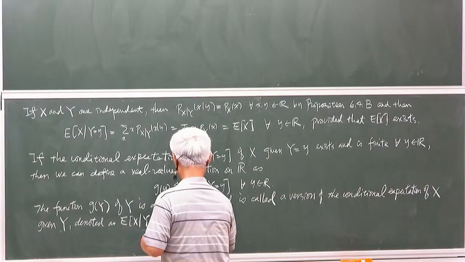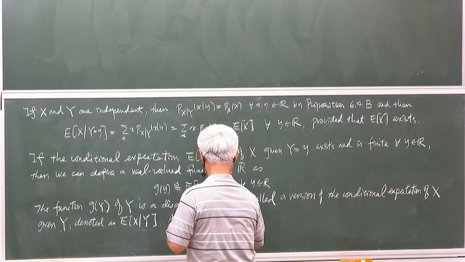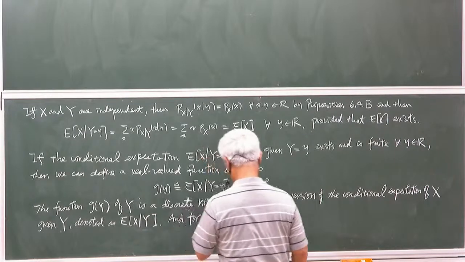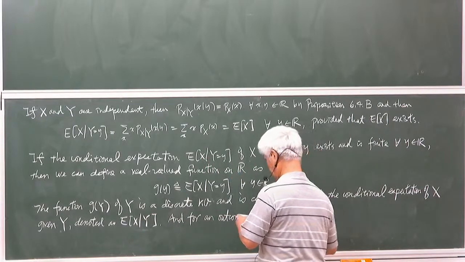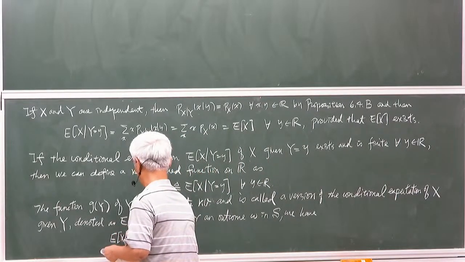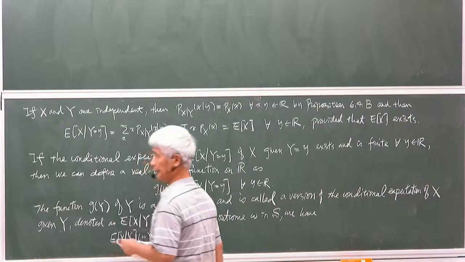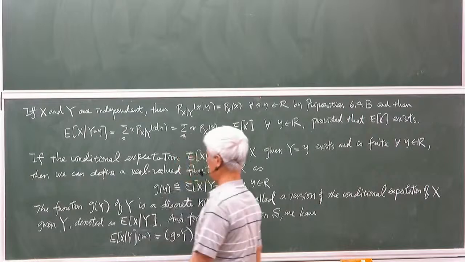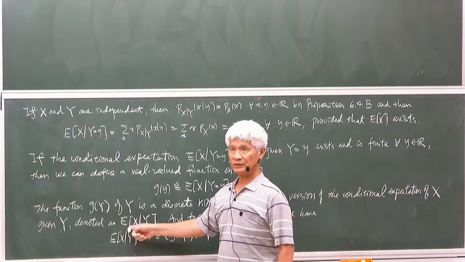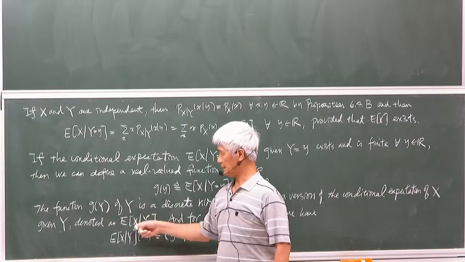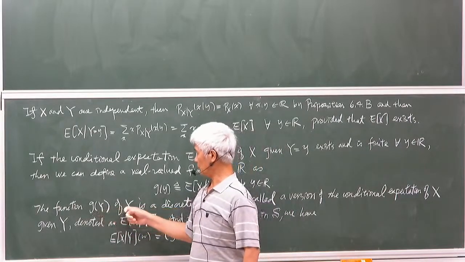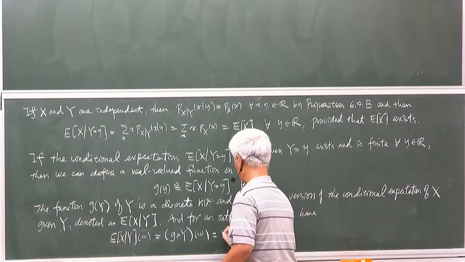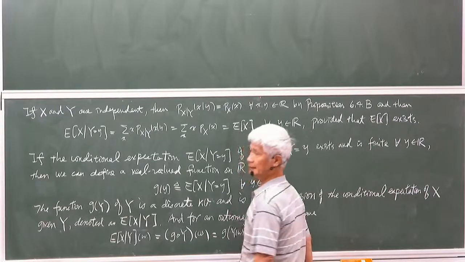For an outcome omega in the sample space, this conditional expectation of X given Y is a function of Y, which is equal to g of Y, so this is g of Y of omega.